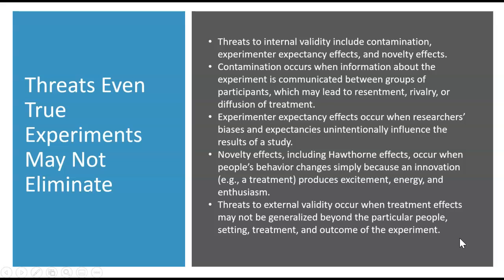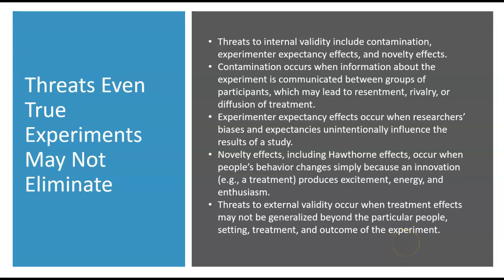There are also threats to external validity. You may have treatment effects that you can demonstrate in a true experiment, but beyond the particular people who were involved in your original experiment, the treatment may not generalize, and therefore you won't see that same outcome.